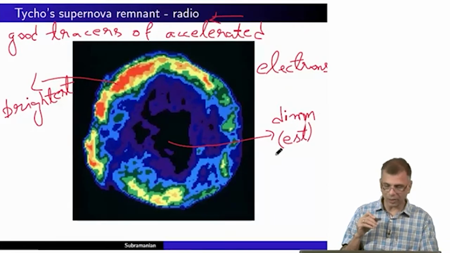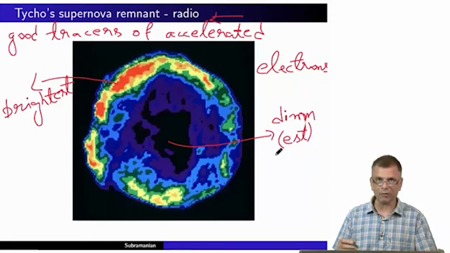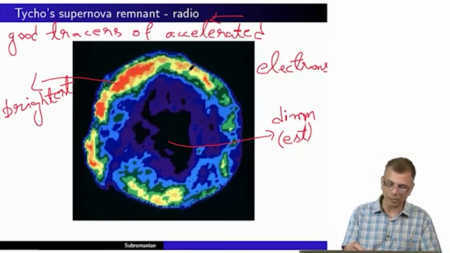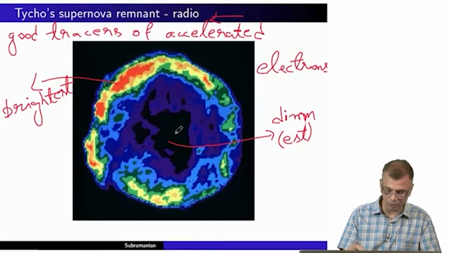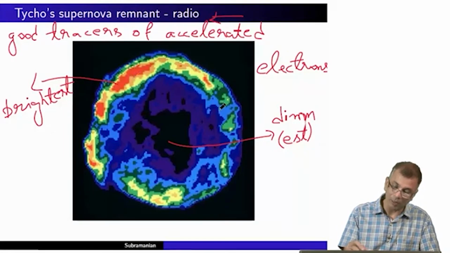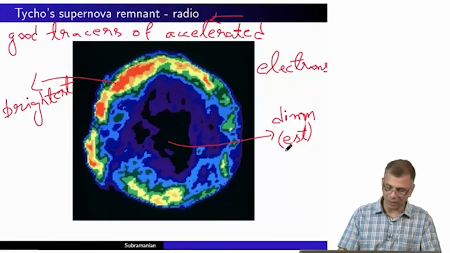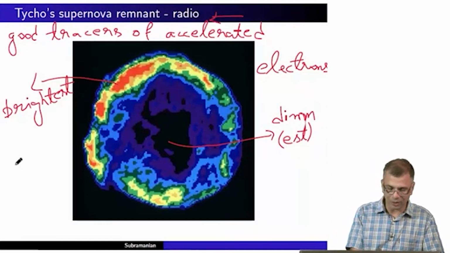So what this picture is telling you, indirectly of course, is that the largest concentration of accelerated electrons is to be found roughly on the rim here. It's not terribly spherically symmetric. I mean, this green is somewhere in between red and blue, right? So here the concentration of accelerated electrons is somewhat lower than what it is here, but still it's definitely higher than it is in the center. So what you have is a rim.